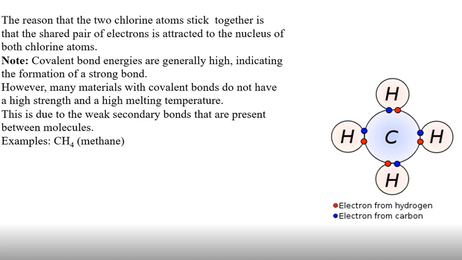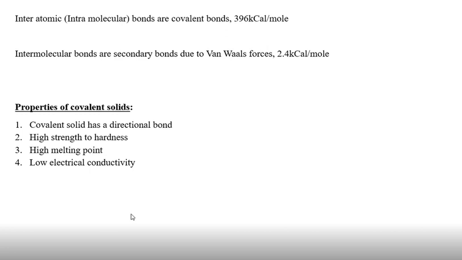However, many materials with covalent bonds do not have high strength and high melting temperature. This is due to the weak secondary bonds that are present between molecules. I'll discuss what secondary bonds are. Here we can see both atoms getting into touch to form primary bonds, right? That is what primary bonds mean.